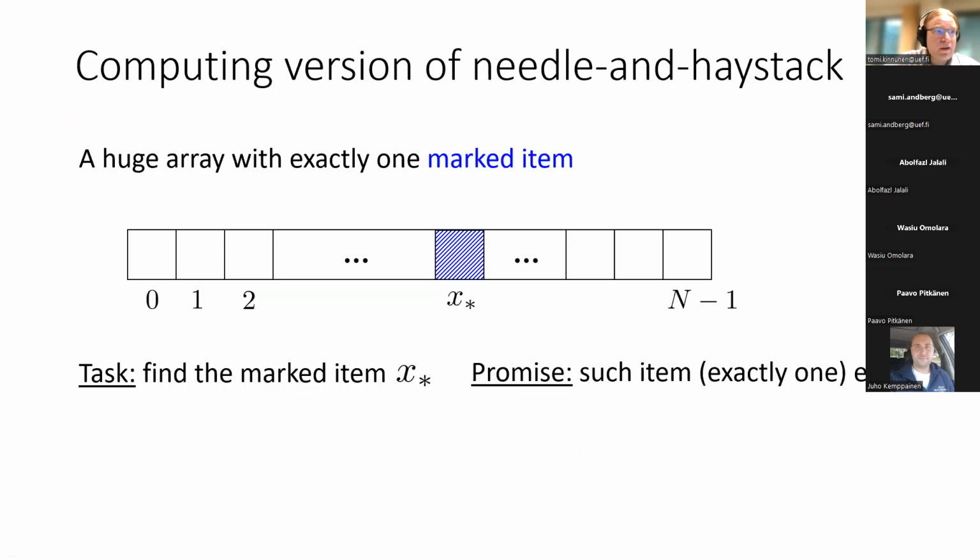So here is then the general version in a more familiar computing language. We are given an array of, let's say, capital N numbers, and we know that somewhere in this table is the item we are searching for, which I indicated here by x*. And the task is to find this index here.